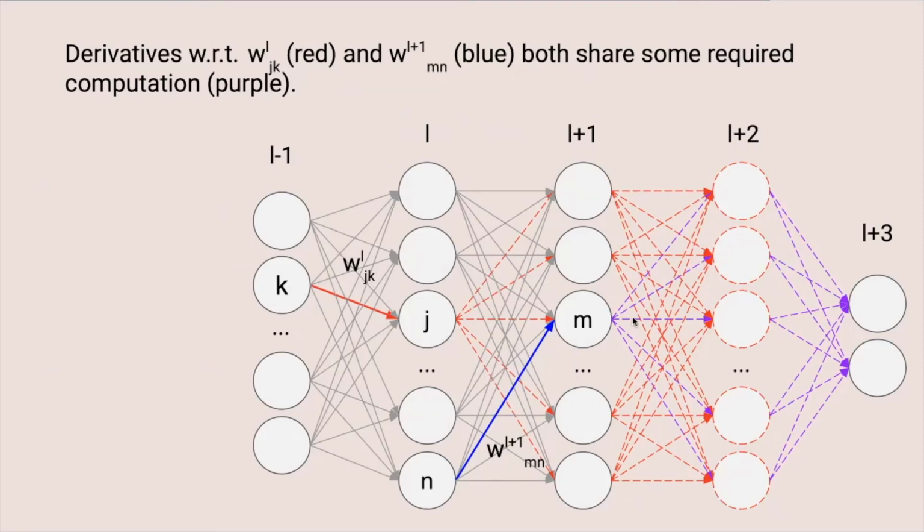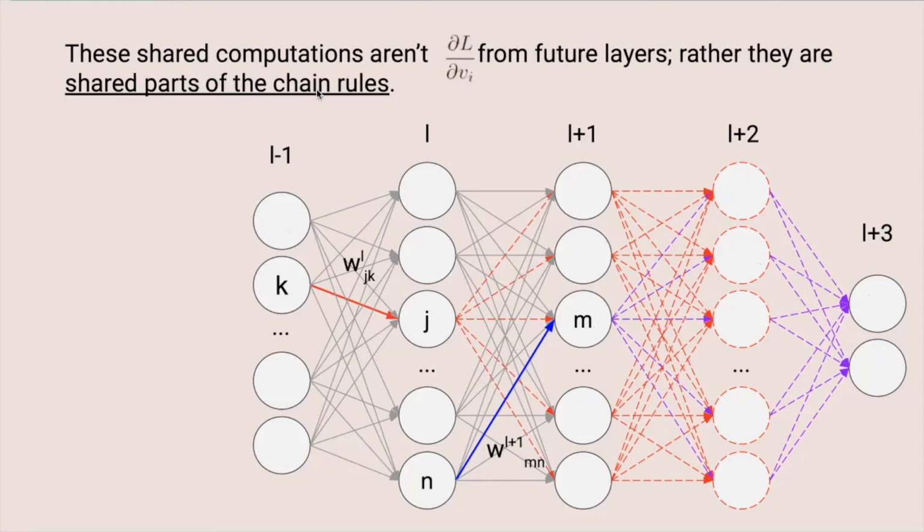And you see what these weights actually affect in the neural network, you see that there's some overlap, right? There would be some computation that would be shared when you take the gradient with respect to these two parameters, right?